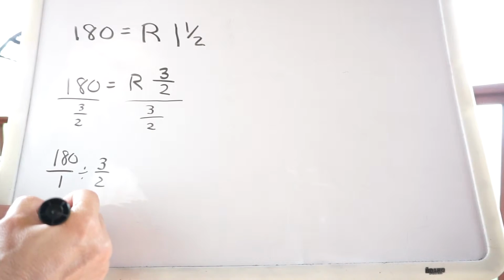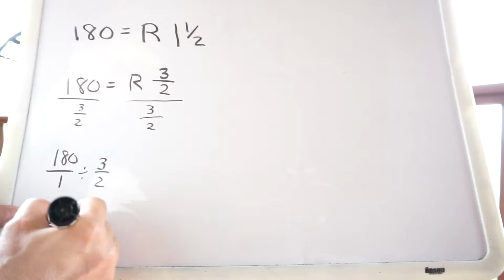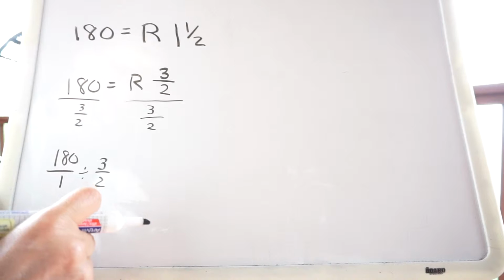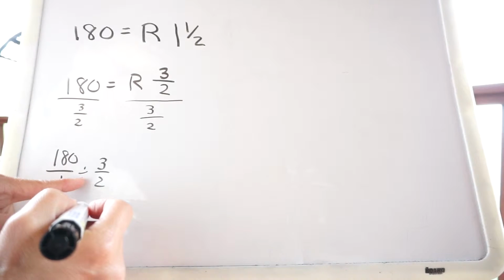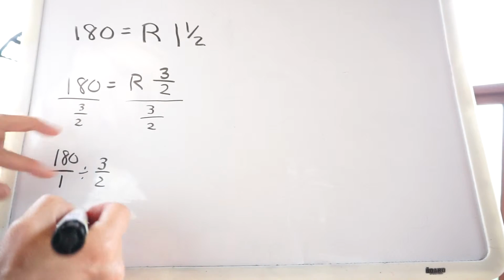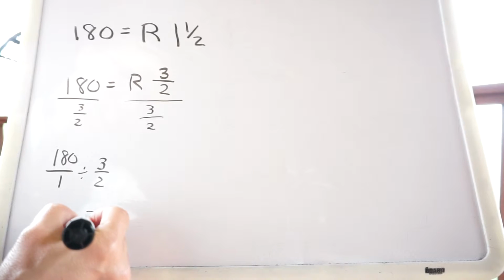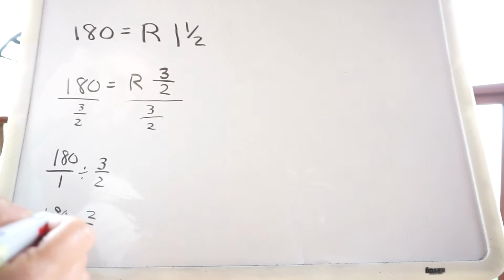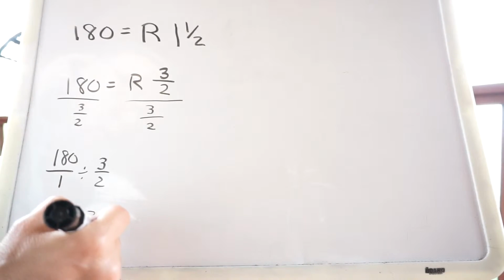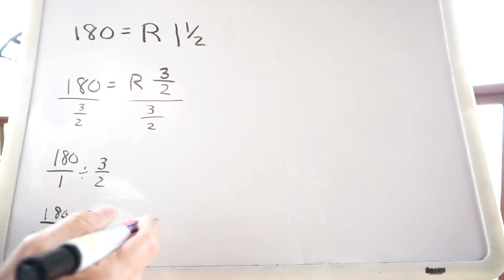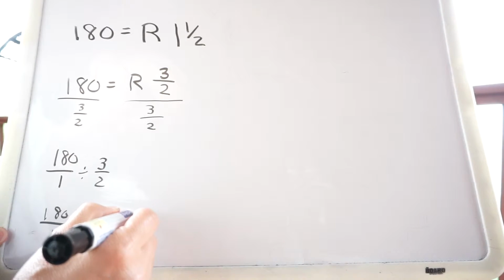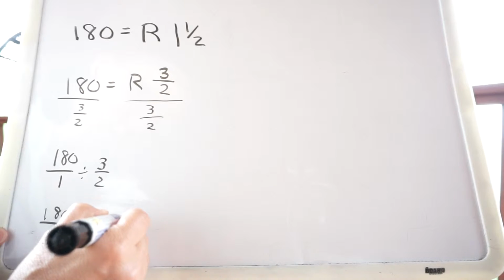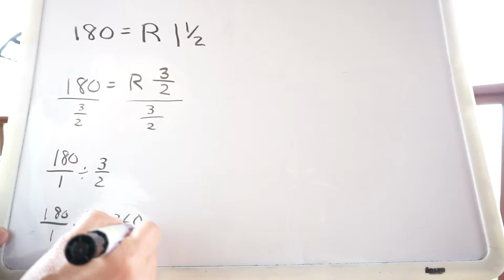So it's going to be 180. We're going to change division to multiplication. We're going to flip this. Okay? So this is technically what we have. 180 times 2, which is 360 over 3.